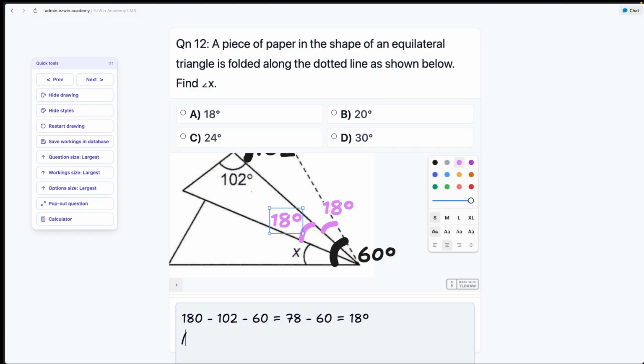So angle x is equal to 60 minus 18 minus 18. So it's essentially 60 minus 36, which is equal to 24 degrees. So option number 3, or C in this case over here, is the correct answer. All right.